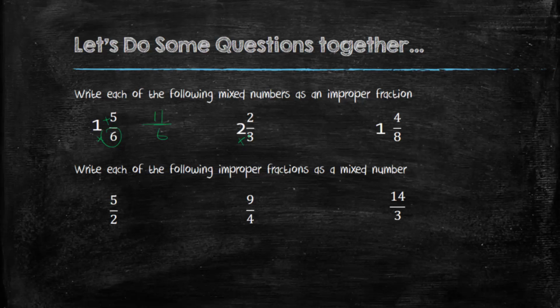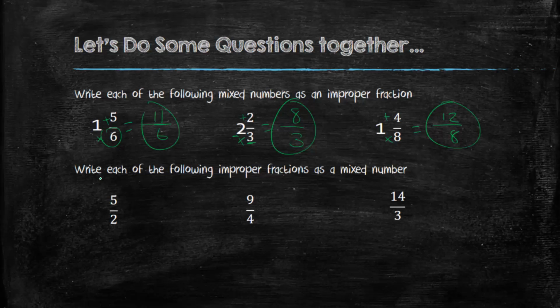Take the denominator, multiply it by the whole number, then add the numerator. 3 times 2 is 6, plus 2 is 8 over 3. Next, 8 times 1 plus 4. 8 times 1 is 8, plus 4 is 12 over 8. So we just converted these three mixed numbers to improper fractions.